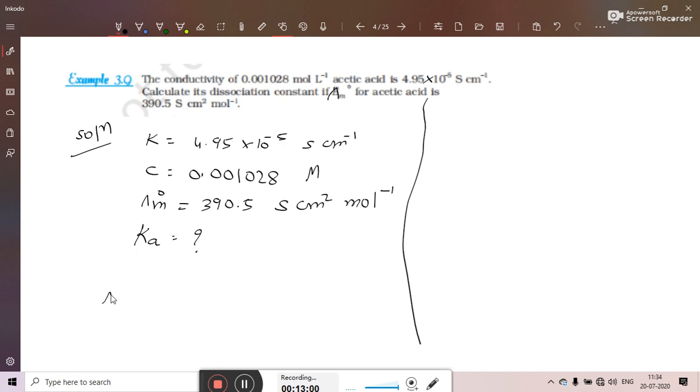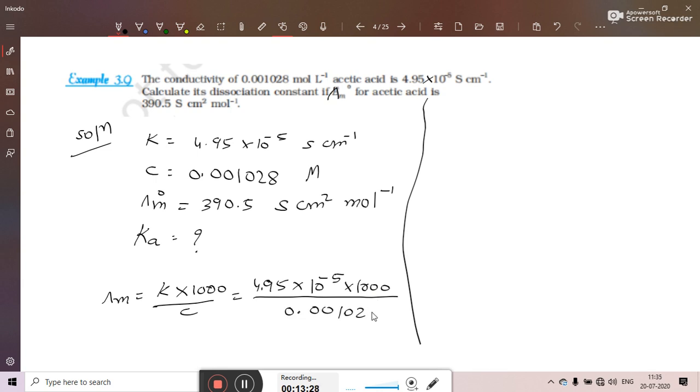Now lambda m equal to K into 1000 upon C. Now K is 4.95 into 10 raised to minus 5 into 1000 upon the concentration, 0.001028. So that will be equal to 48.15 Siemens centimeter square mole inverse.